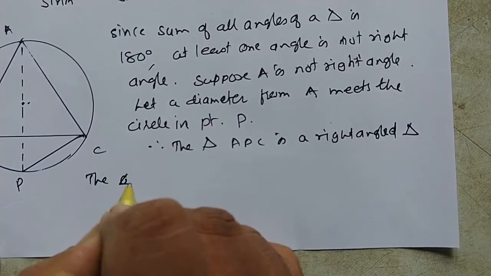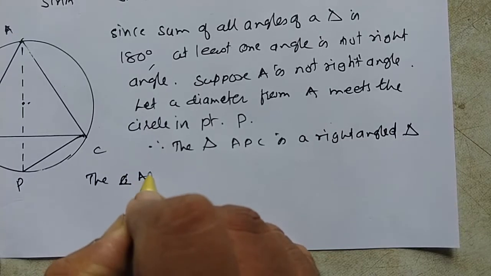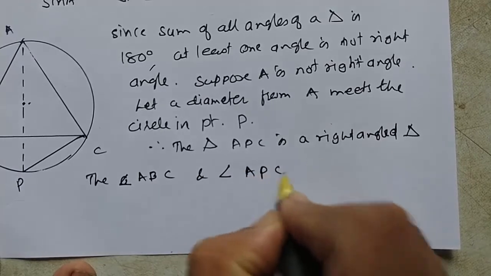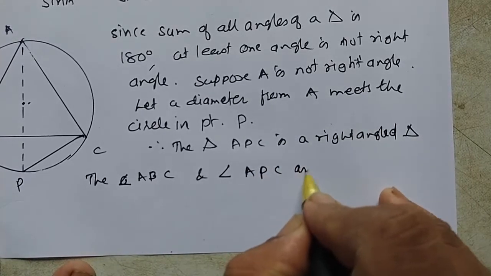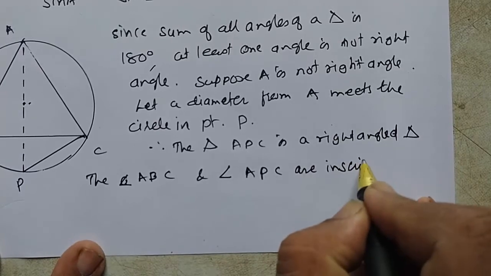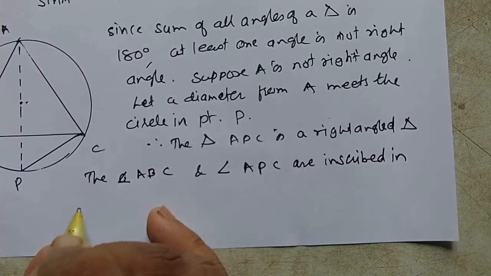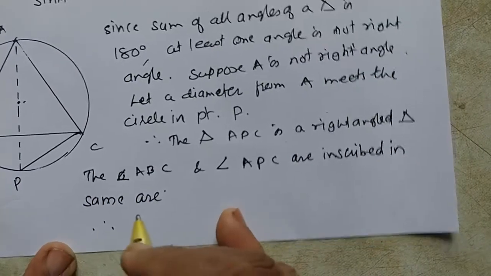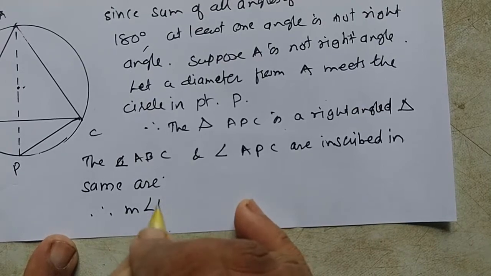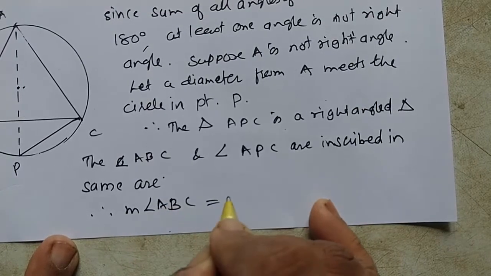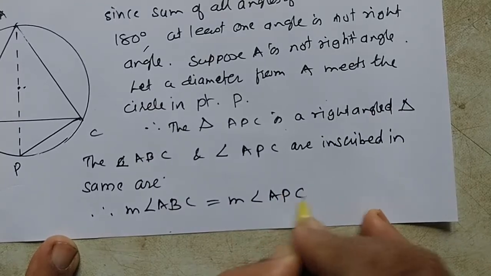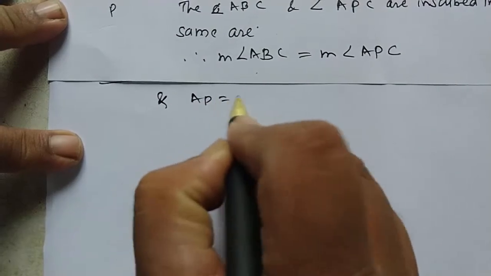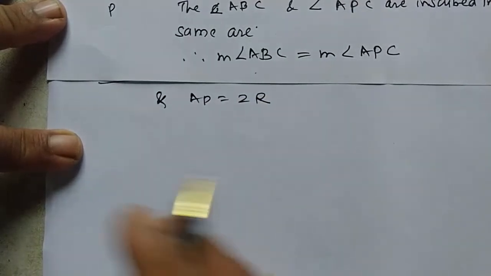The angles ABC and angle APC are inscribed in the same arc. Therefore, the measure of angle ABC is equal to the measure of angle APC, and AP is equal to 2 times R, the diameter of the circle.